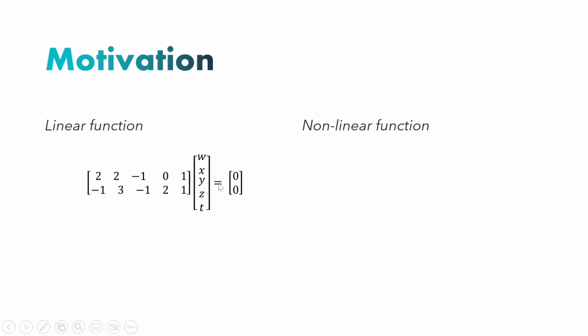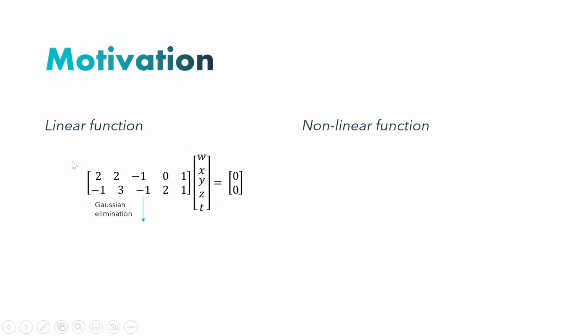Then we're setting this equal to the 0 vector on the right. The 0 vector has components 0, 0, so what we're asking is what are the tuples w, x, y, z, t that satisfy this relationship. In other words, what are the tuples that are zeros of this linear function?